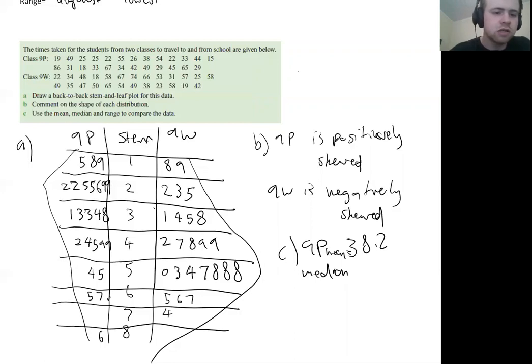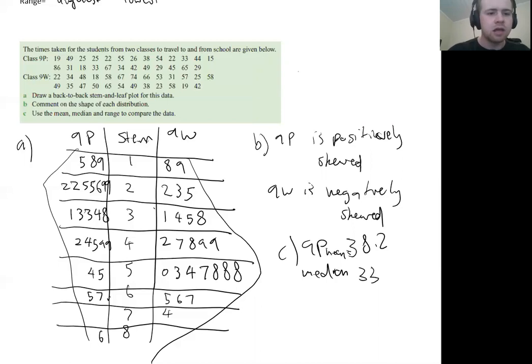So 1, 2, 3, 4, 5, 6, 7, 8, 9, 10, 11, 12, 13, 33 is our median. Okay, and you can see here how the median and the mean give us different information about these two data sets. Because the median is less, that shows us that we have this positive skewing going on. So you can see those numbers are kind of evidence for that skewing beyond just the visual evidence.